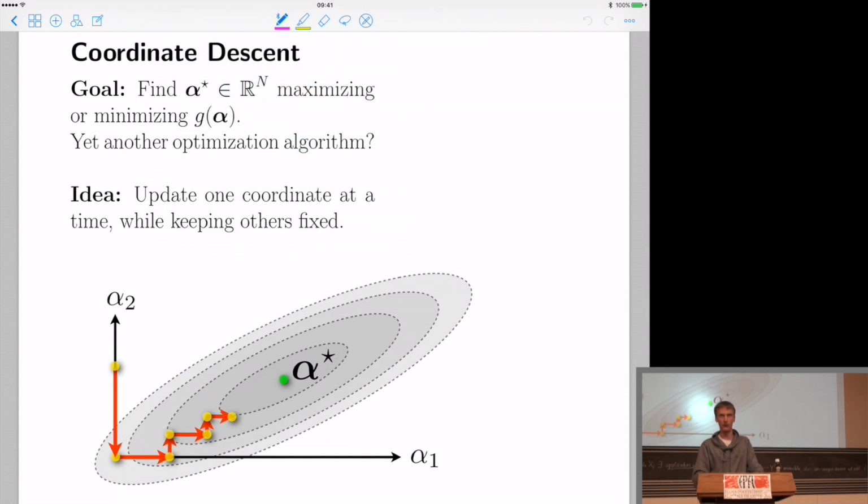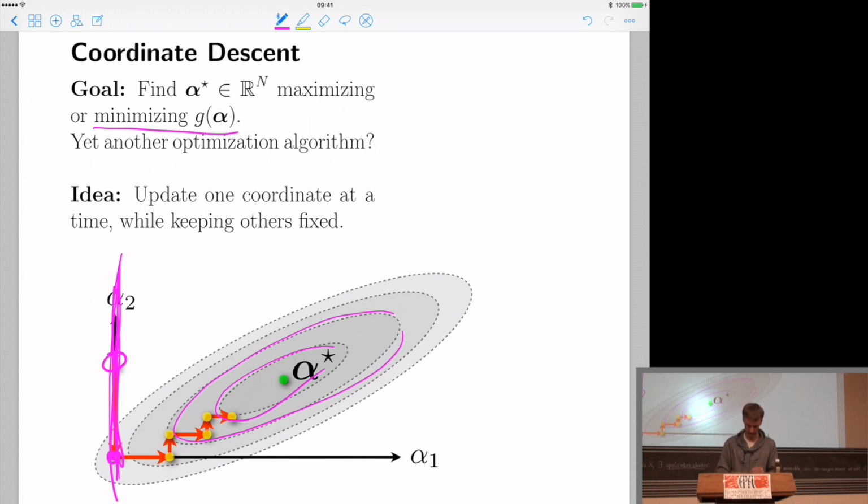So now the one I'm going to actually look at is alpha 2, say. So I'm going to optimize just this direction. I started here. I'm going to move up and down. Where am I going to move? I'm going to move here to the lowest point. So these level sets indicate where my objective function is the lowest.